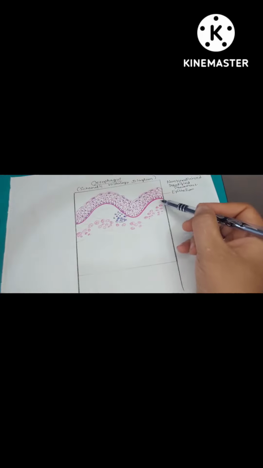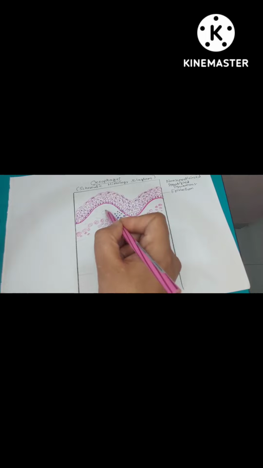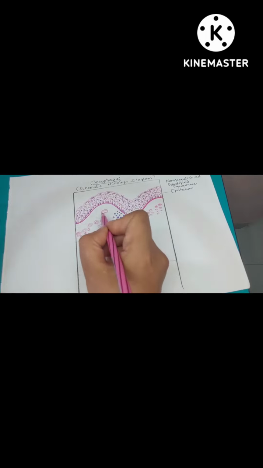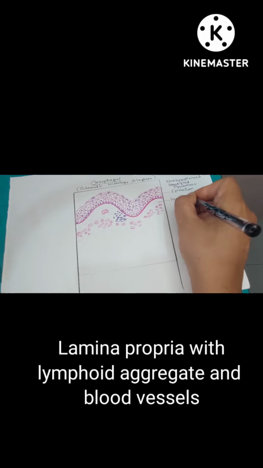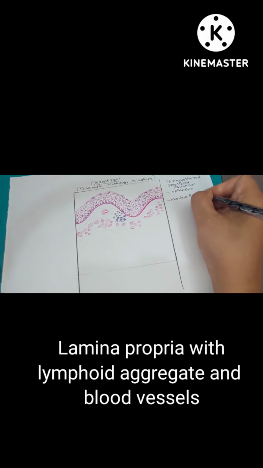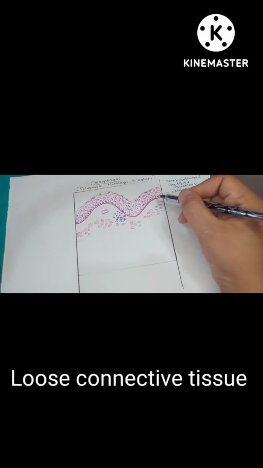Just below it, here you can see the connective tissue, which is showing the blood vessels. This is lamina propria. It is a loose connective tissue which supports this epithelium.